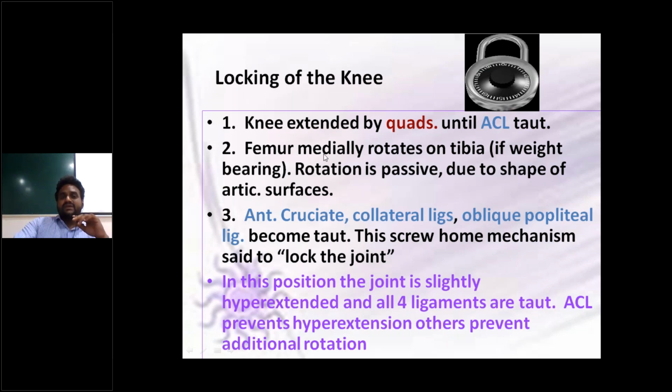Second step, medial rotation of the femur. In another step, which ligaments become taut? Anterior cruciate, 2 collateral ligaments and oblique popliteal ligament. Very good. And hyperextension of the knee joint is prevented by which ligament? Anterior cruciate. So this mechanism is called locking of the knee joint.